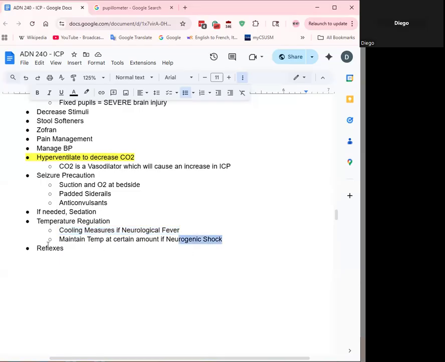If it is a neurogenic shock, they actually want to increase the temperature, but for this lecture, the ICP is not going to be related to neurogenic shock. It's going to be more cooling measures than anything.